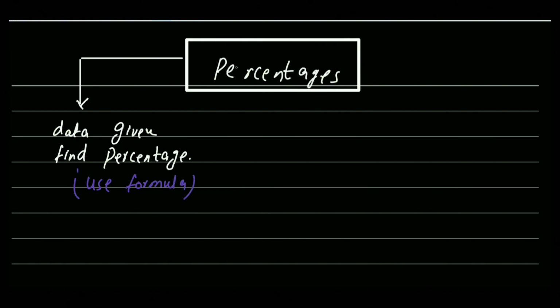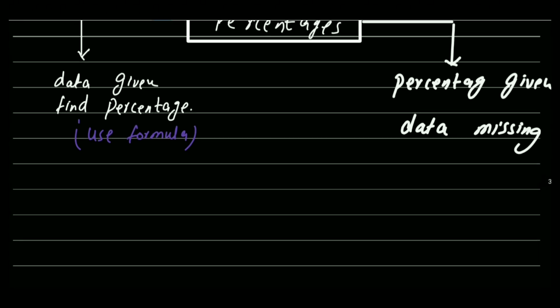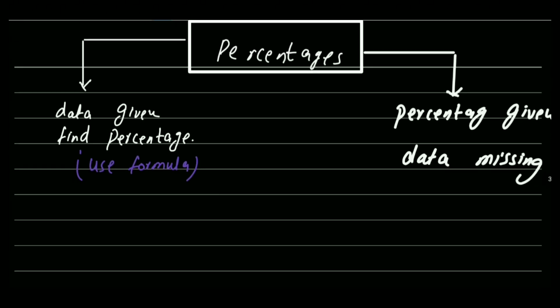In the second case, if percentage is given and data is missing, then we have to make the boxes.